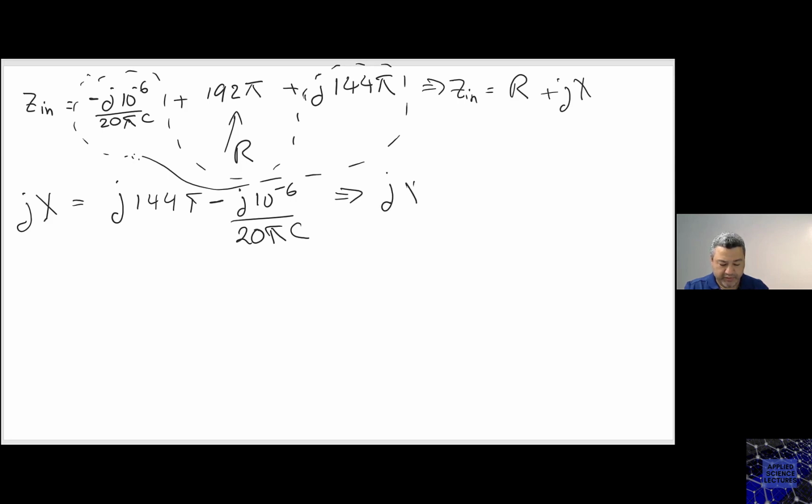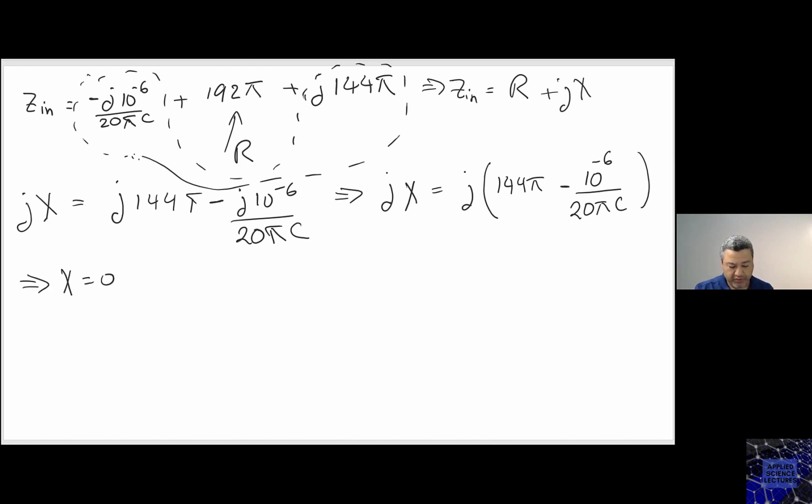jX equals, let me take the j outside, j times 144 pi minus 10 to the power minus 6 over 20 pi C. So in order for the impedance to be pure resistive, this X has to be 0, which means X should be 0.